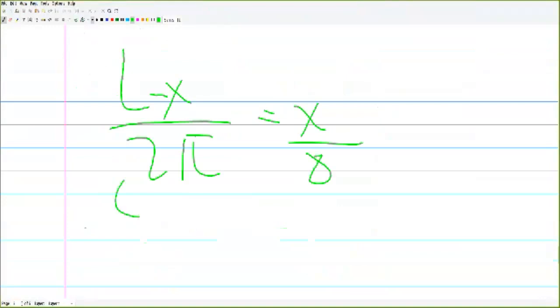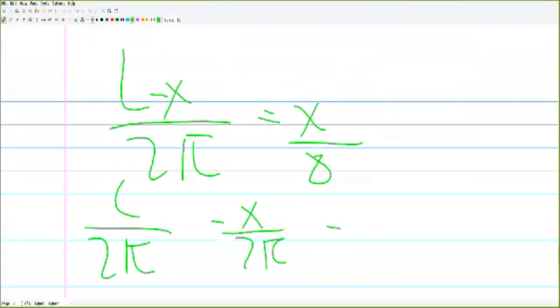So L over 2 pi minus x over 2 pi. That's equal to x over 8. Okay, and now we sum x over 8 plus x over 2 pi and gives us this L over 2 pi.